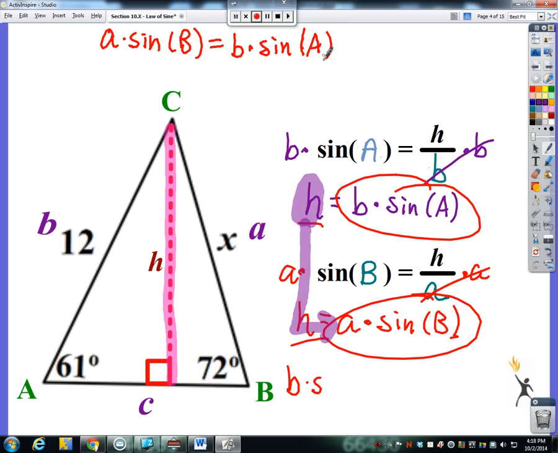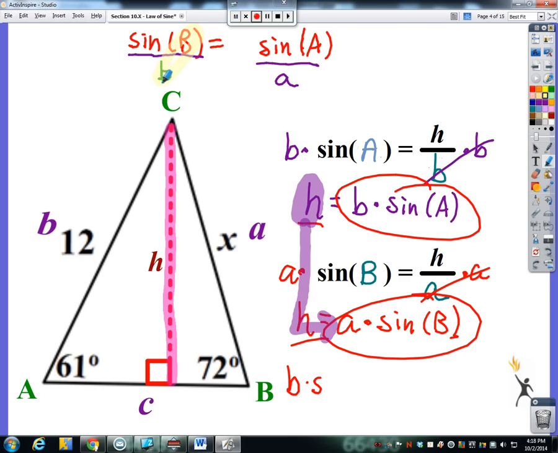Now, it's multiplication, so if we need to move things around, we're going to have to divide, right? I'm going to divide both sides by side A, and at the same time, I'm going to divide both sides by side B, so that's gone over there, that's gone over there. If I erase those so they're no longer there, look what I've got here. You might ask, why did you do that?